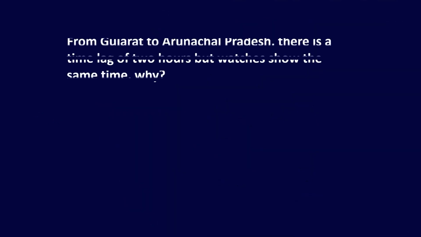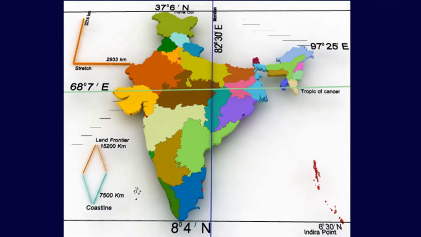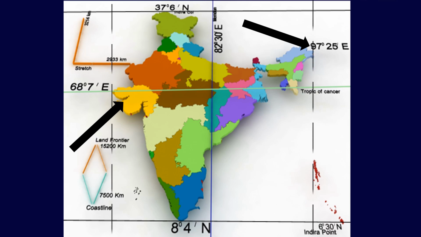And next we have a question: in India, from Gujarat to Arunachal Pradesh there is a time lag of 2 hours, but watches show the same time. Why? There is a time lag of 2 hours because the time zones are based on the fact that the earth moves 15 degrees each hour, since there are 24 hours in a day.